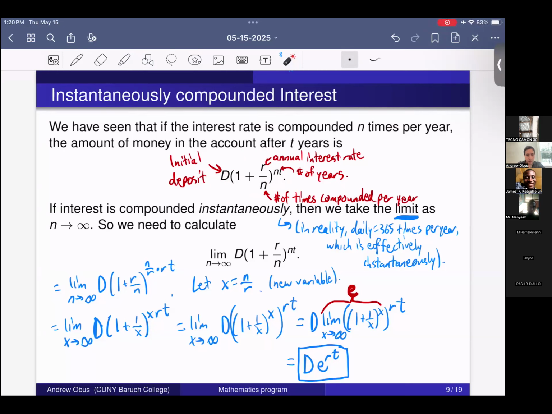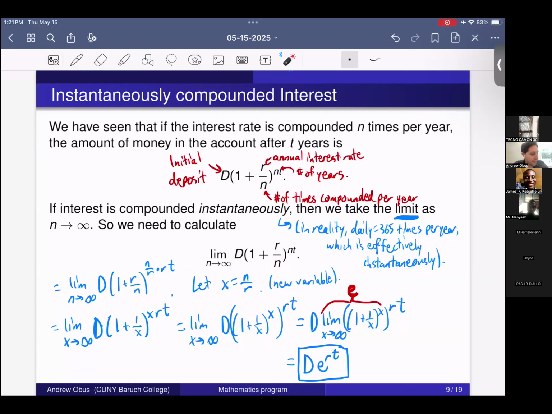Yes. So like the two formulas, what are the differences? Because one is, let's say, 365 times, which is for n, and the next formula goes to infinity. Right. So there's going to be very little difference in reality between taking n equals 365 and n equals infinity here. The amount of money is going to be almost exactly the same.